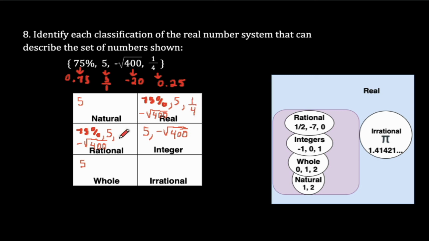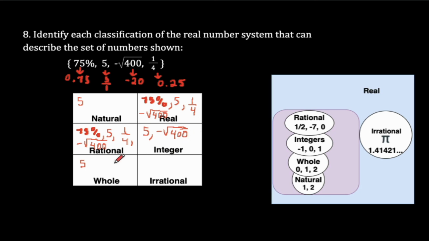All right, is 1/4 a rational number? It is. So we'll place 1/4 here. And I put parentheses here to separate this from the negative square root of 400. And then, is 1/4 an integer? No, integers do not contain ratios or fractions, right?